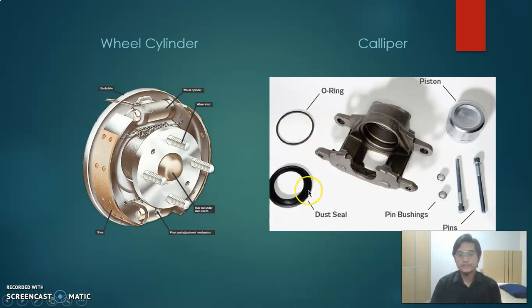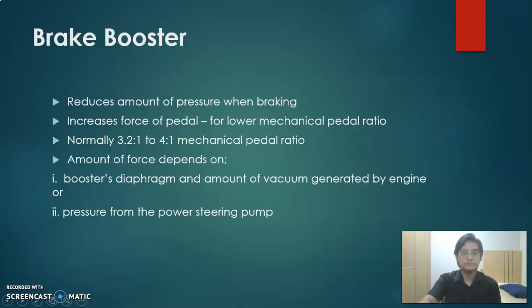The O-ring and the dust seal are used to avoid leakage, since when the pressurized fluid enters, it pushes the piston outward towards the brake pads. The brake pads will then engage the wheel disc and cause friction, which leads to deceleration.